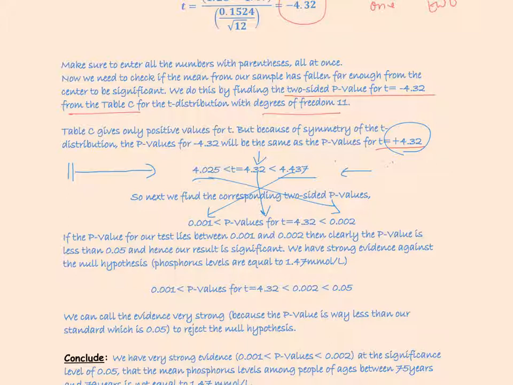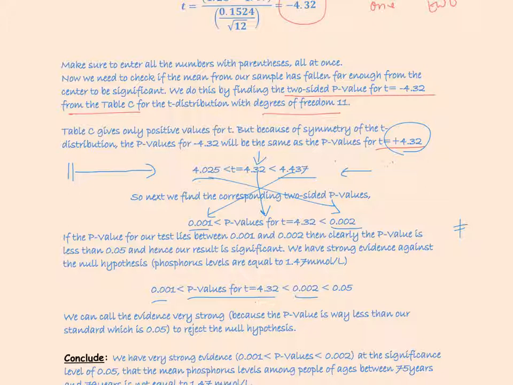Make sure that the smaller number is on the left and the larger number is on the right. So the p-value for t equals 4.32, which is the same as for negative 4.32, lies between 0.001 and 0.002, and we've looked for two-sided p-values. That's how we get the 0.001 and the 0.002. It's not one-sided because our alternative hypothesis has a not equal to in it.